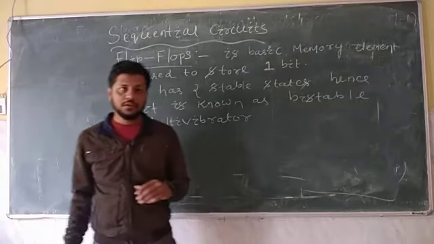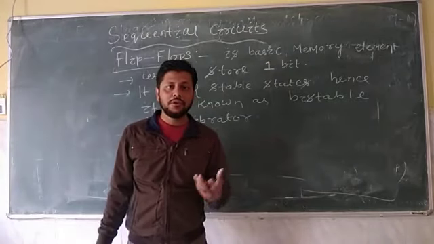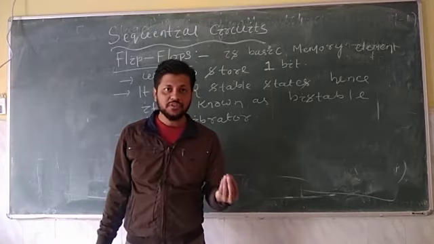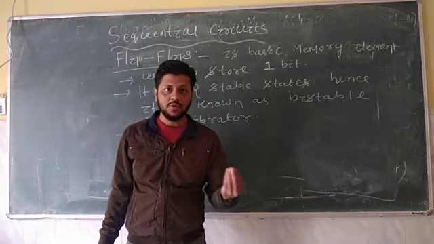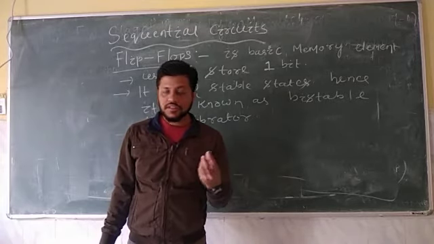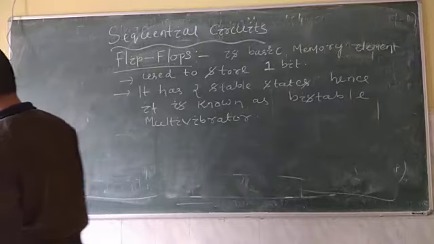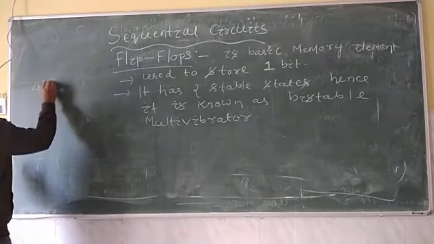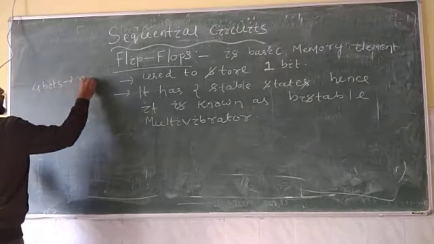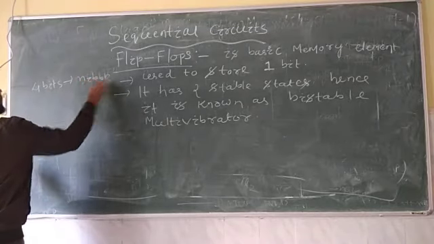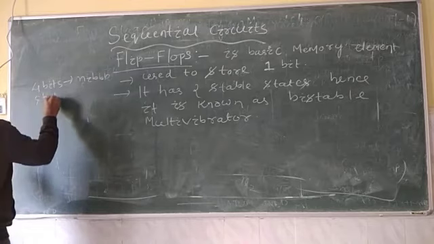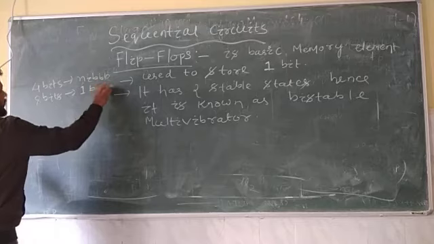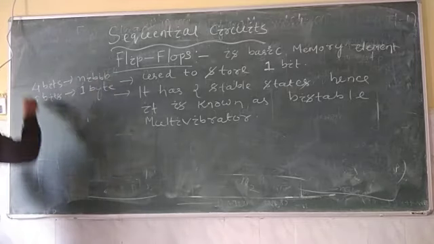First of all, how do you measure digital data? The basic unit of digital data is the bit. A bit means 0 or 1. A group of 4 bits is known as a nibble, and a group of 8 bits is 1 byte.